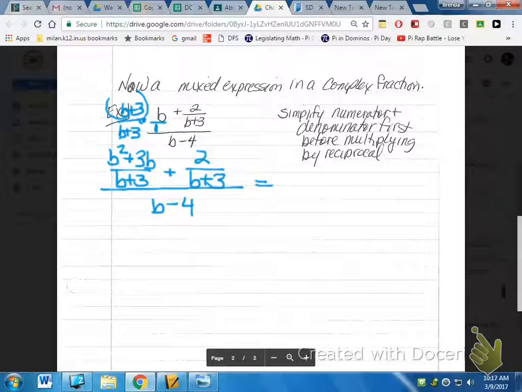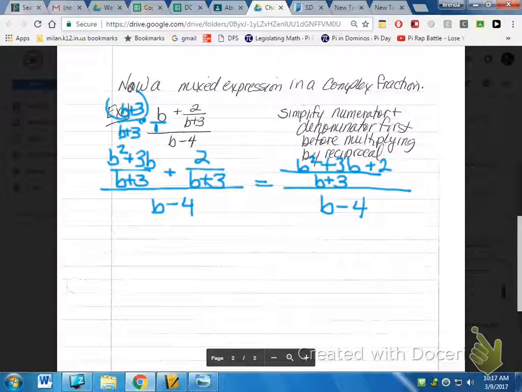Okay, I still have not simplified that entire numerator yet, so let's go like this. I know I can combine them now because I have a common denominator, and when I do that I get b squared plus 3b plus 2. My denominator is b minus 4. Is there anybody that's not sure of where I've gone to so far?